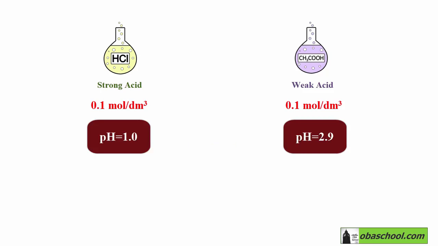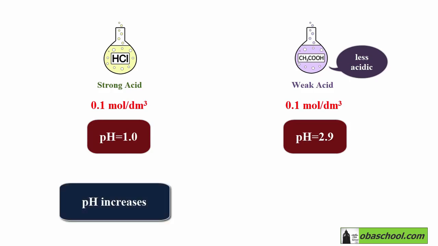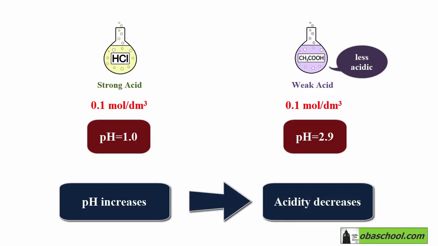And from the values of the pH, we can conclude that the solution of ethanoic acid isn't as acidic as HCl. We know that as the pH increases, the acidity decreases. So because ethanoic acid has a higher pH, it's less acidic than HCl.